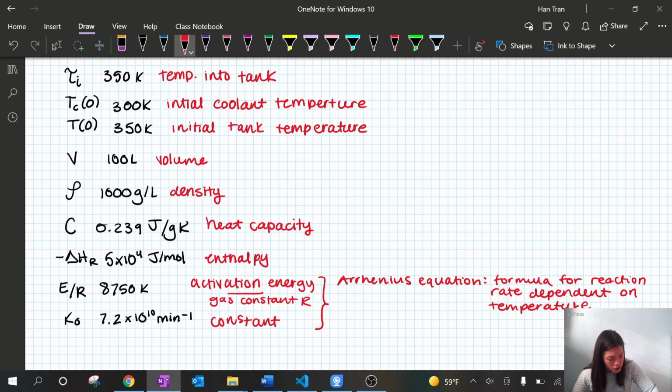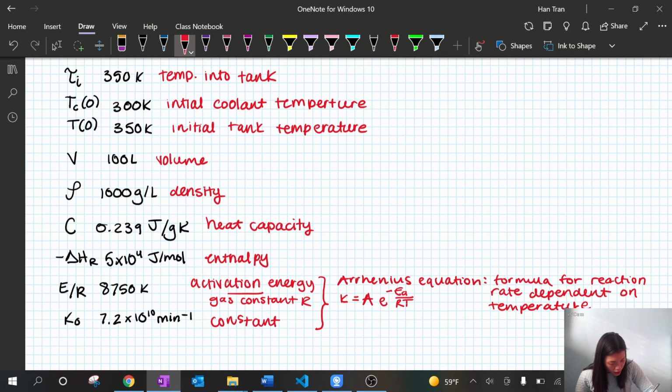So this equation is K, reaction rate, equals constant multiplied by e to the negative activation energy over gas constant R times temperature.